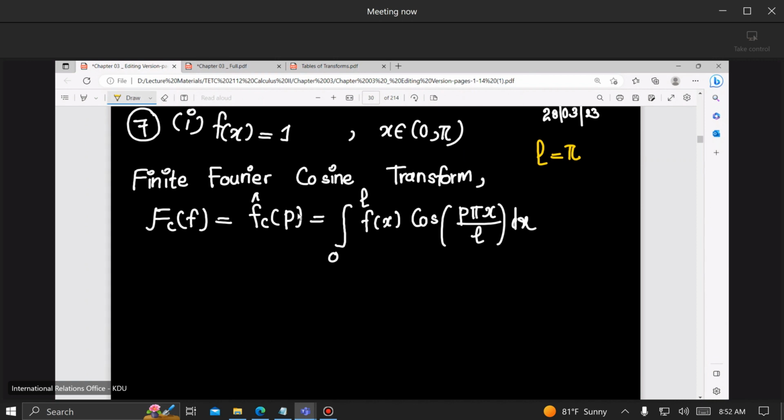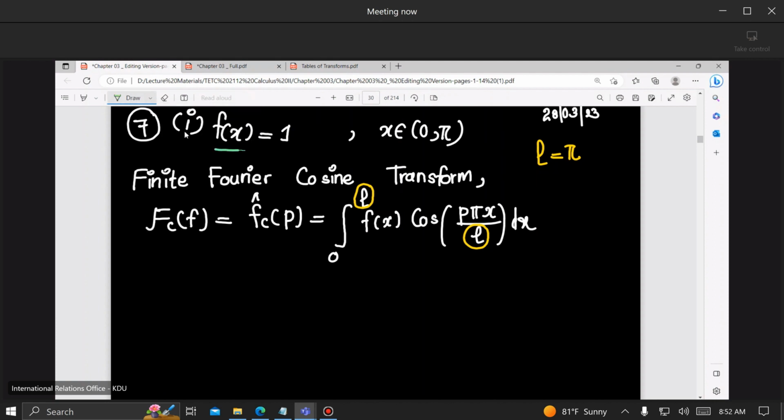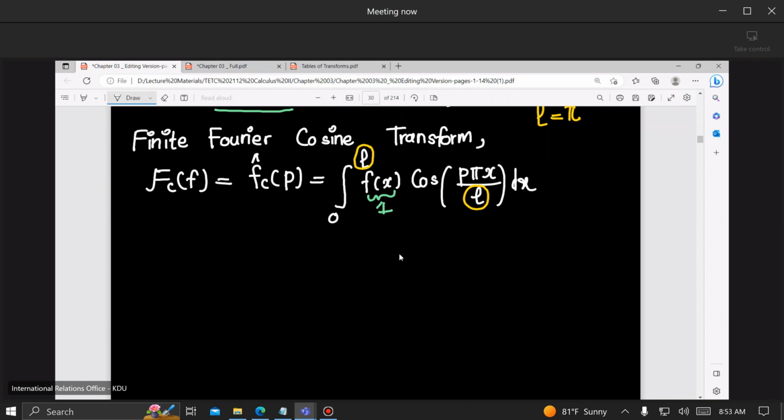So we can substitute L here and here by this value 5. And the function f of x is equal to 1, so you need to substitute f of x by 1 here. Let's rewrite the expression according to the given problem.